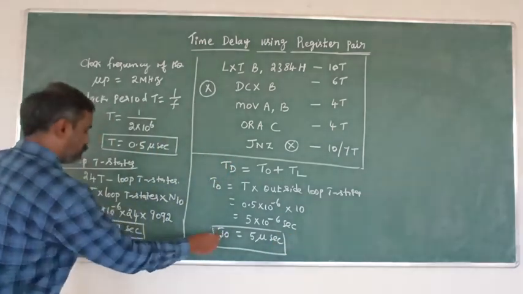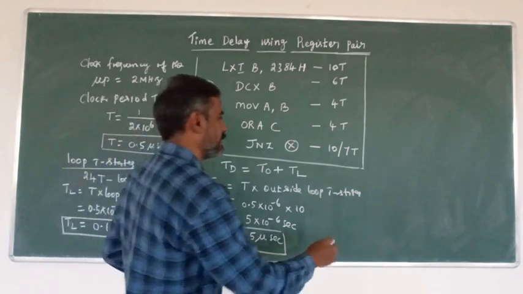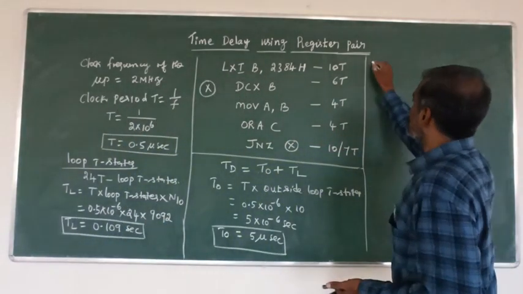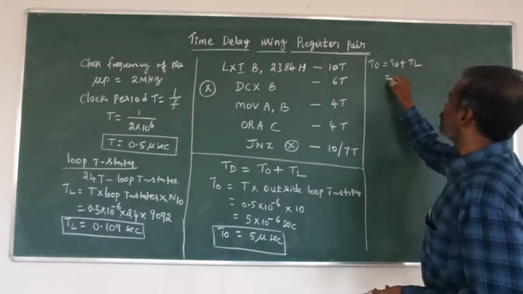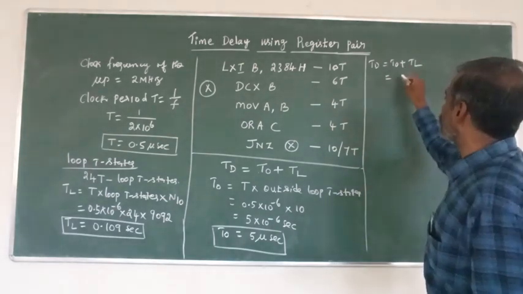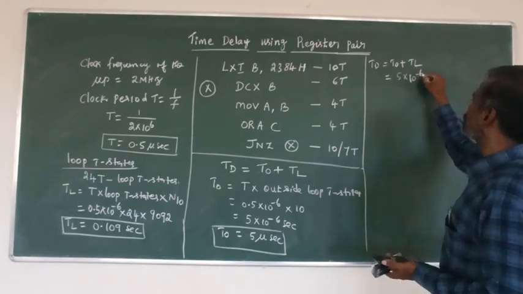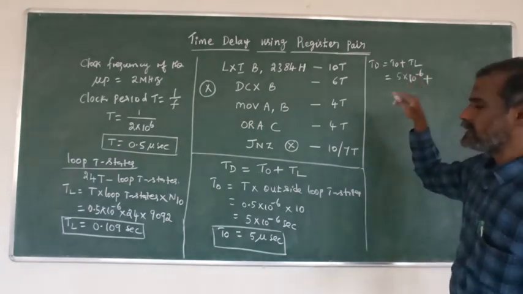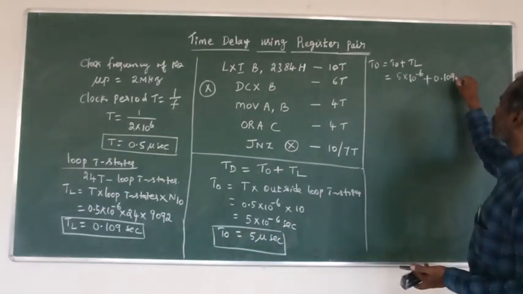Now substitute the TO value and TL value here. TD equals TO plus TL. TO value is 5 into 10 to the power of minus 6, plus TL value 0.109 second.